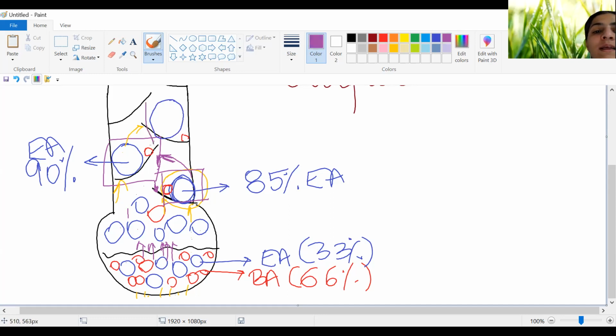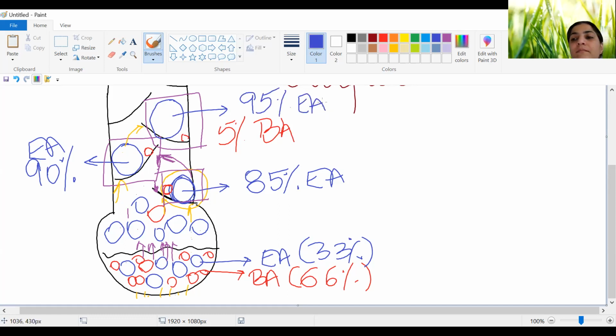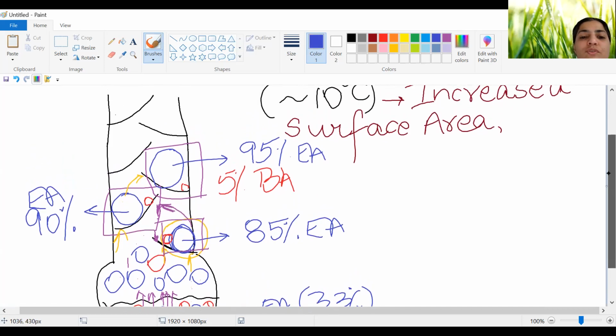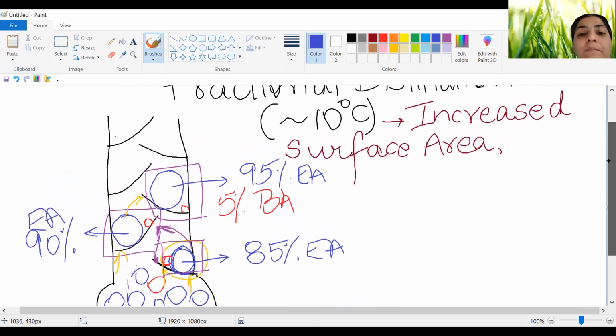So now in this collected fraction, you have about, let's say, 5% butyl acetate and 95% ethyl acetate, and so on and so forth. I'm just making these numbers up.